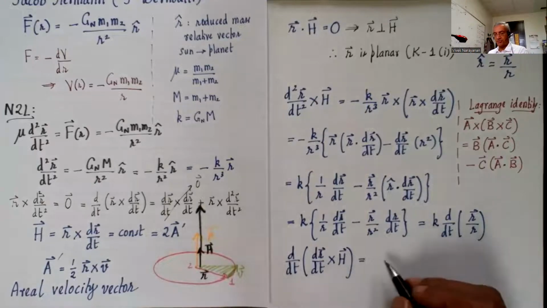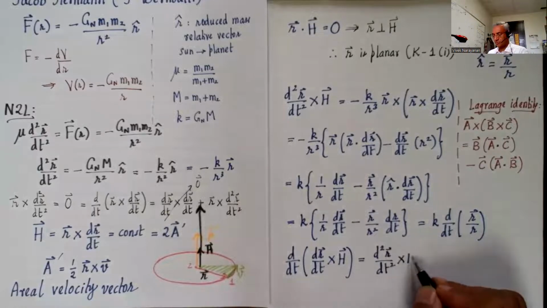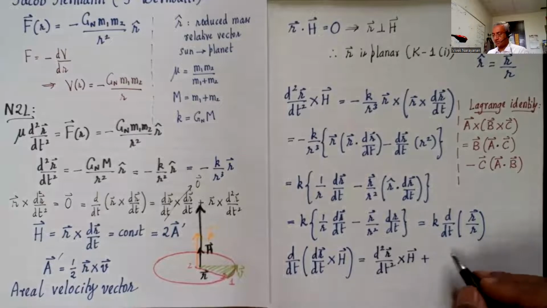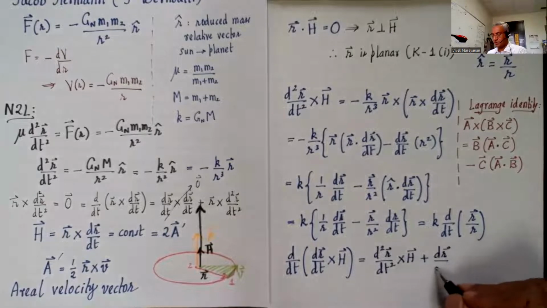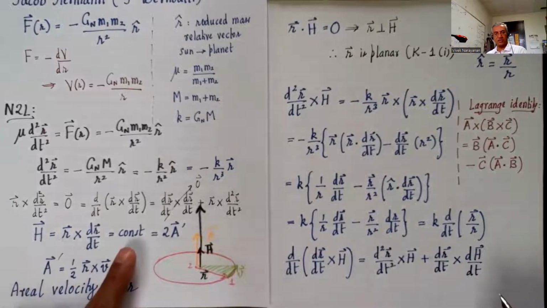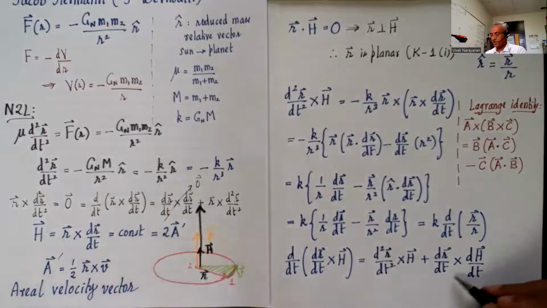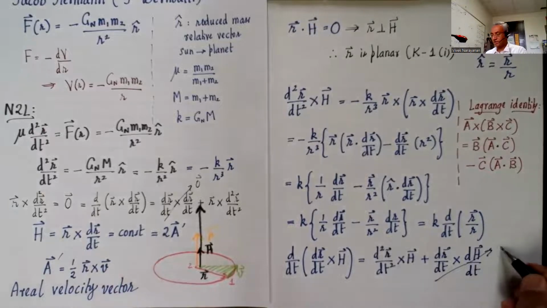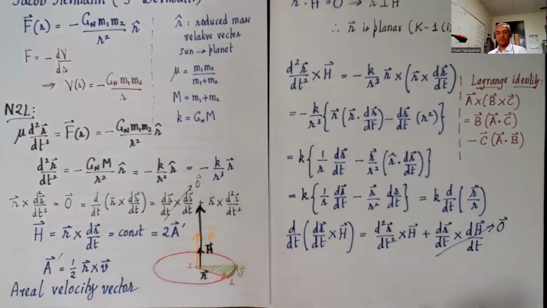When you apply Leibniz's rule, I differentiate the first term. And then I have the dr by dt times the derivative of the second term. But the Hermann vector is constant. It's equal to 2 times the area vector. Therefore, dh by dt is 0. So this entire term just gives me 0.